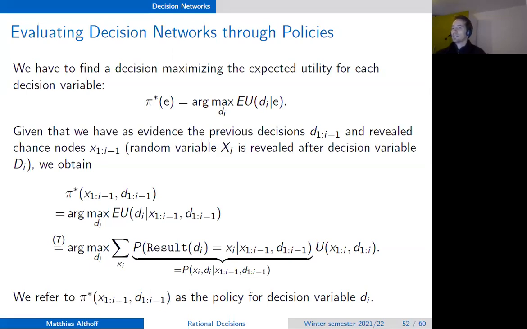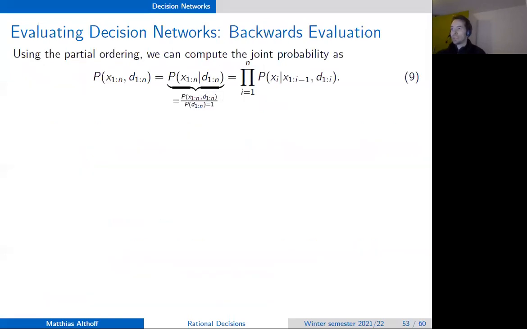Okay, so the only thing that we have to do now is that here we just thought about making one decision. Now we have to make several decisions, and these decisions will be made sequentially from the last to the first decision. And you will see why we go from the last to the first decision in a minute.